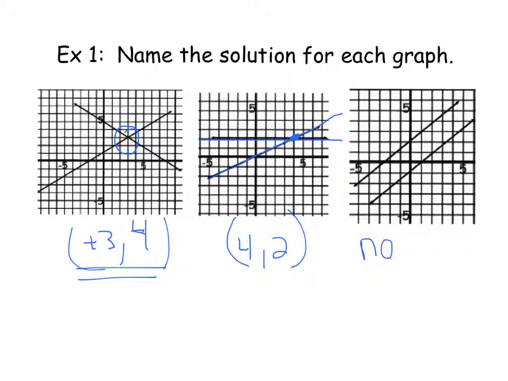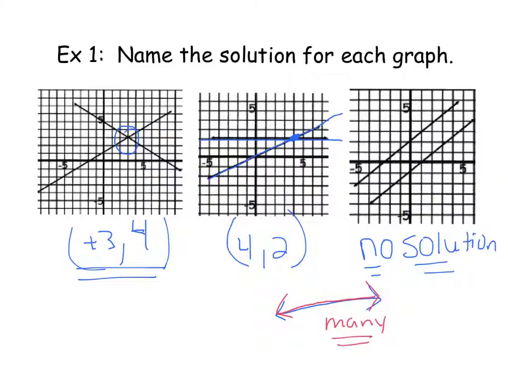So in this case, we say no solution. And just so you know, sometimes once you graph a line, it turns out to be the exact same line. So every single point is a solution. So we just say many or infinitely many solutions.